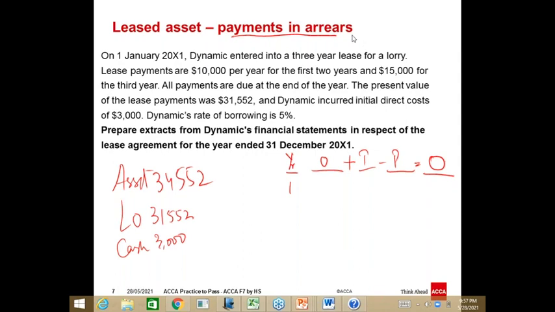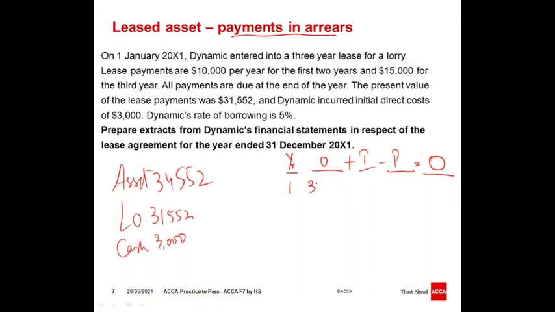Now, first, the obligation at the start of the period is 31,552. Then interest will be charged based on 5%. 31,552 into 0.05 is 1578.